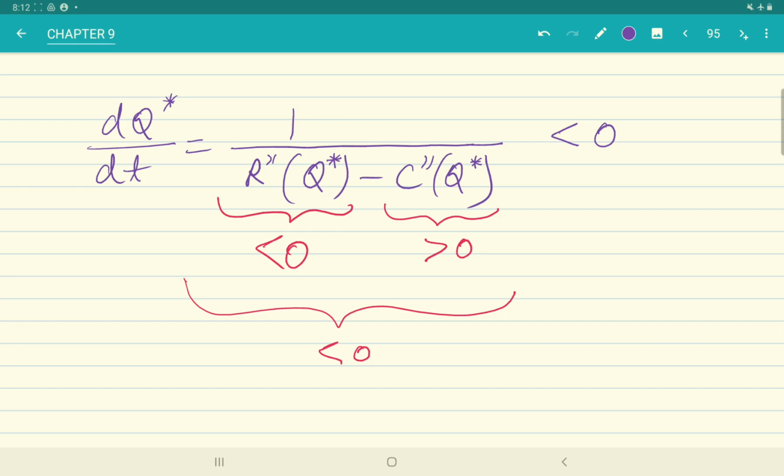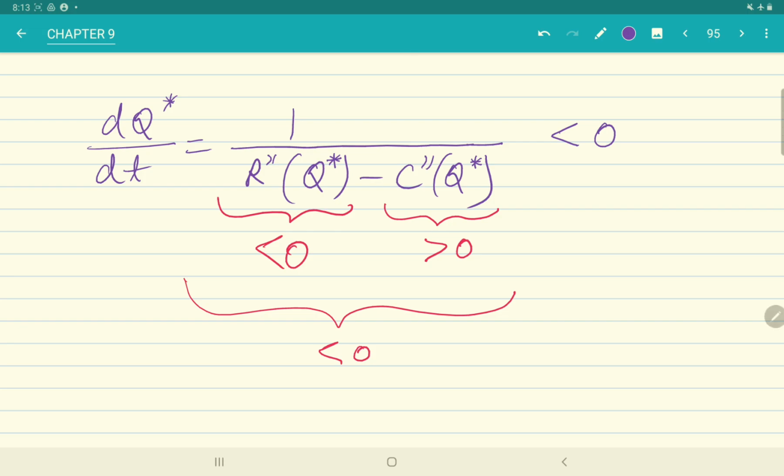If we explore its sign, what is Q star? Q star is the optimal number of units produced. The point to note here is that if our tax rate T increases, that leads to a decline in the optimal number of units produced. So as the tax rate T increases, Q star falls. That's what I mean by dQ star by dT being negative.